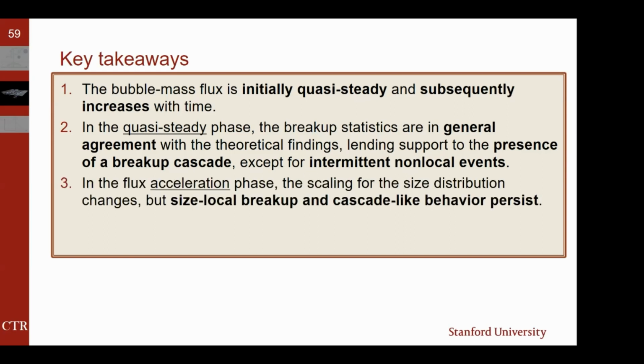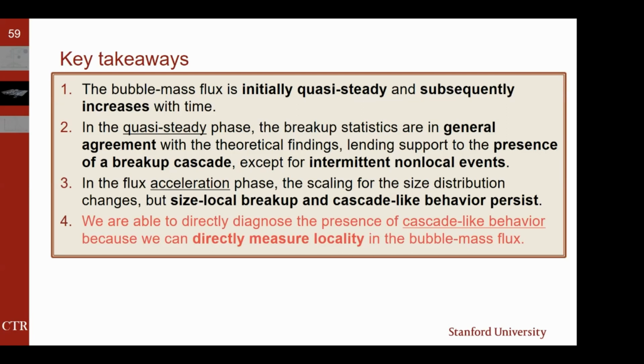Later, when the flux is increasing with time, the scaling for the size distribution does evolve, but we still observe size-local breakup, telling us that cascade-like behavior still persists in the system. And perhaps the most important takeaway is that we are able to make this statement definitively because we can directly measure locality in this bubble mass flux.